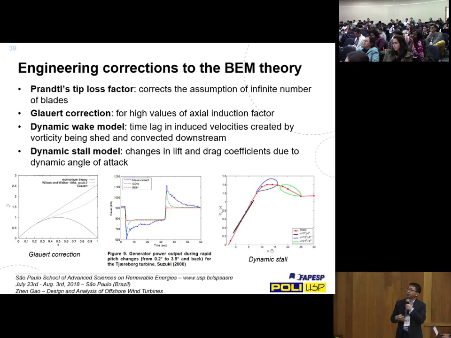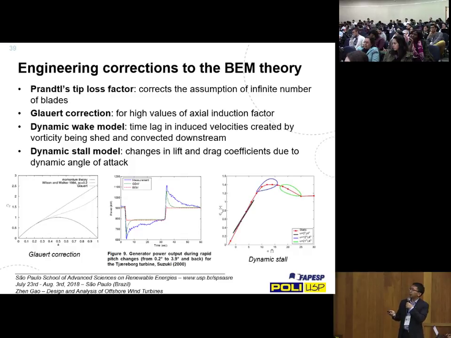And then also the wake, if you have a change in the wind speed coming to the turbine, then you have a dynamic change in the wake. You do not calculate it statically to get the loads as you normally do for a constant wind speed. So there's a dynamic effect of the wake due to the change of the velocity in the wind.